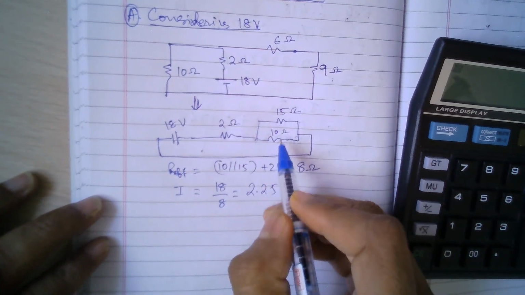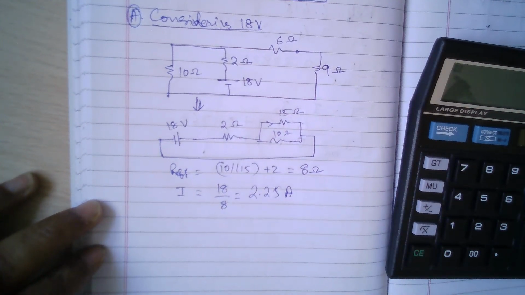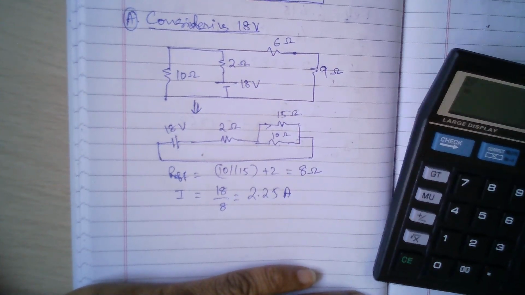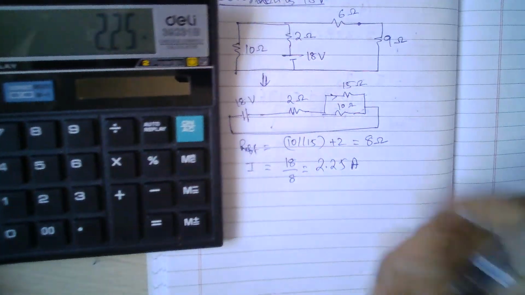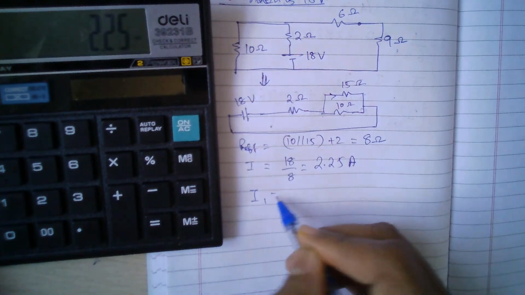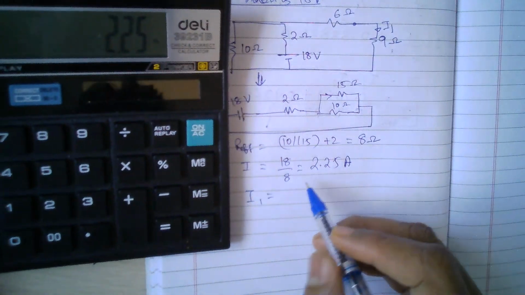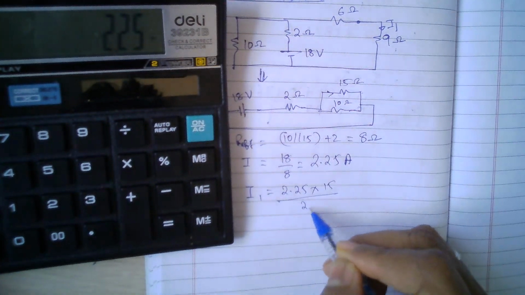Now here current division is happening. I am interested in the current in this particular branch. I got this total current of 2.25 amperes, and now I need to find the current in the 15 ohm branch. Again, the current division principle. I will call this I1. I1 is nothing but 2.25 multiplied by 15 divided by 25.